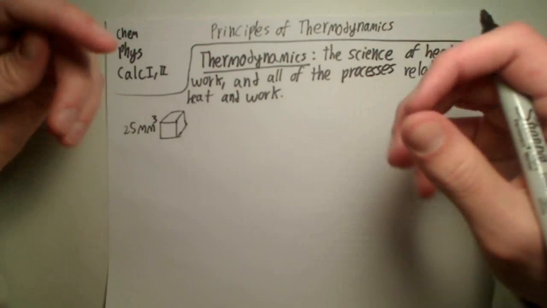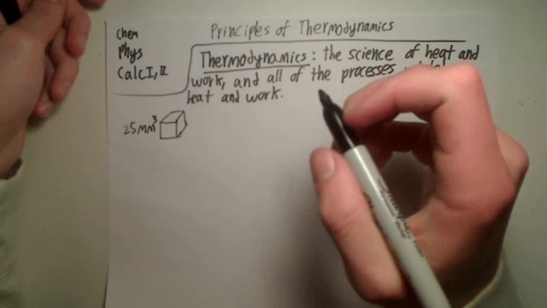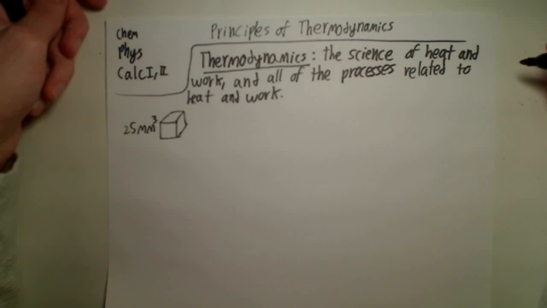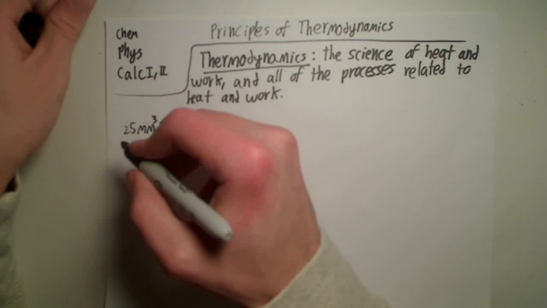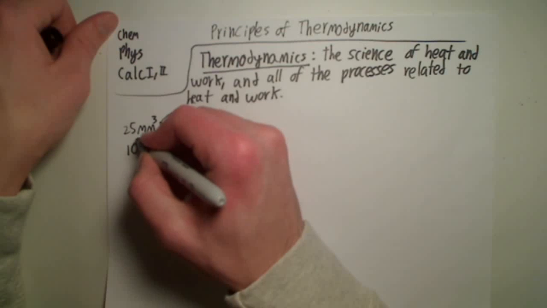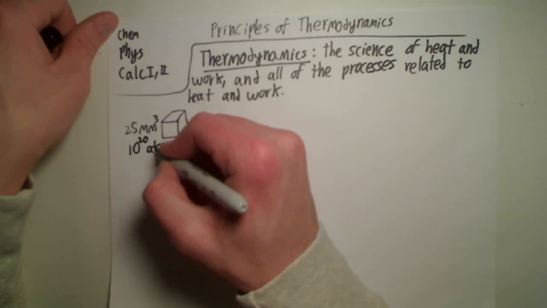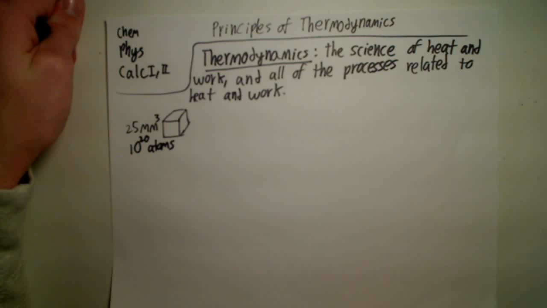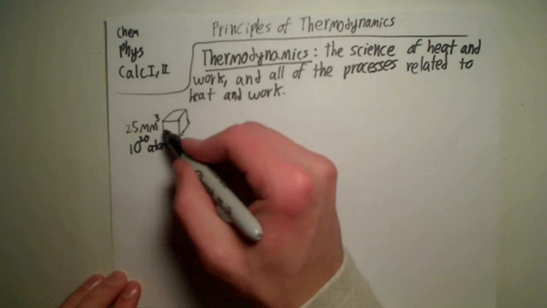We're assuming a very ideal situation. So if they were to take up a 25 millimeter cube block, that would be 10 to the 20th atoms. That's a lot of atoms. That's just a hell of a lot of atoms. So they're flying all about.